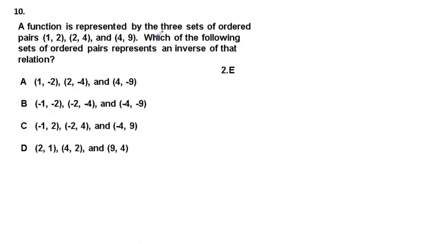10. A function is represented by 3 sets of ordered pairs: (1, 2), (2, 4), and (4, 9). Which of the following sets of ordered pairs represents the inverse of that relation? Well, in inverses you have the coordinates reversed. So this (1, 2) becomes, in an inverse situation, (2, 1).